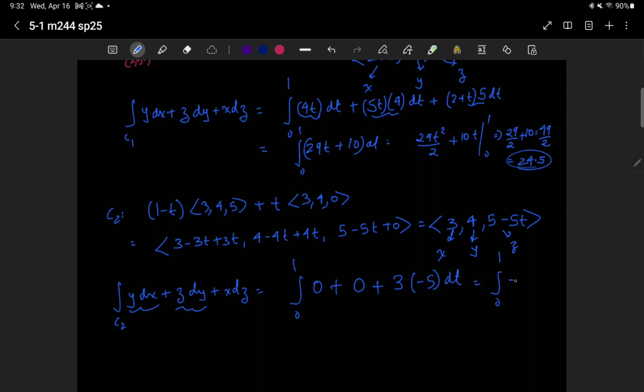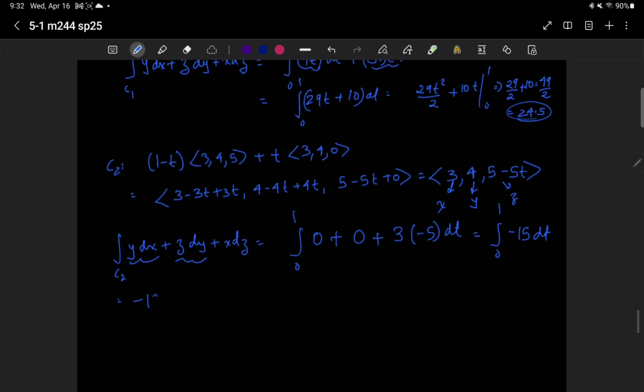So this is the integral from 0 to 1 of negative 15 dt, which is simply negative 15t from 0 to 1, which is negative 15. So over the curve C, this particular line integral is 24.5 for C1 plus negative 15 for C2, which ends up being 9.5.